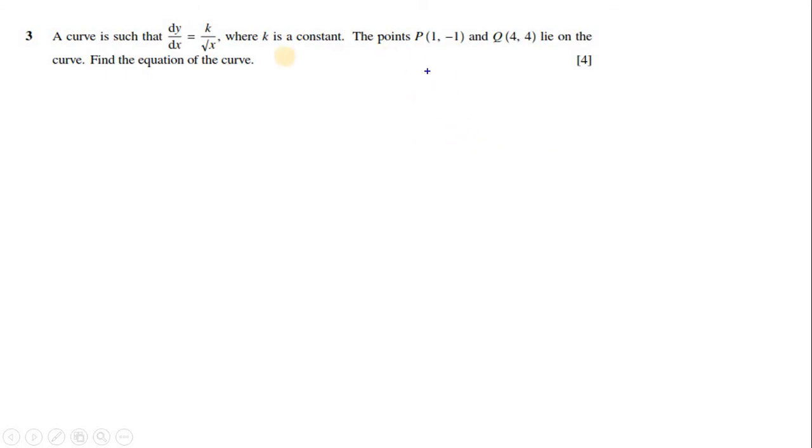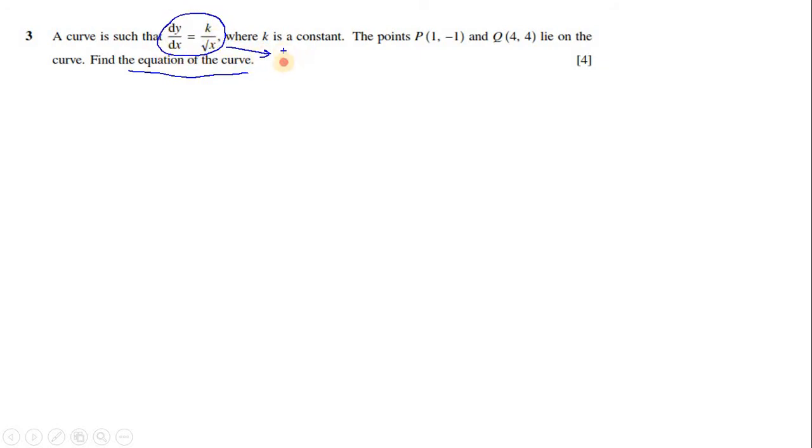So we are given the derivative of some equation, and this derivative is basically the gradient of a tangent line to the curve, and we need to find the equation. If you need to find the equation of the curve and the gradient is given, that means you just integrate the given derivative.